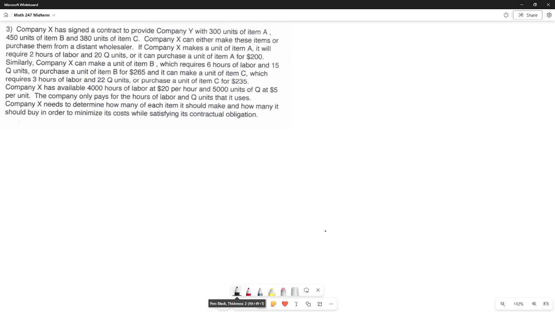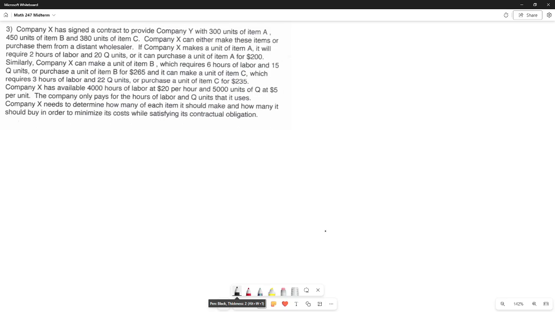Now, on hand, company X has available 4,000 hours of labor, so we must ensure that our production does not exceed 4,000 hours. Each of those hours, they're paying a rate of $20 per hour. And they have available 5,000 units of Q, so obviously we can't go over 5,000 units of Q, at $5 per unit.